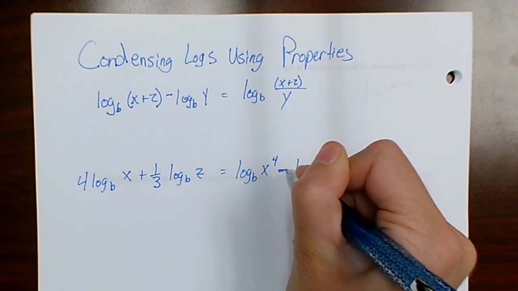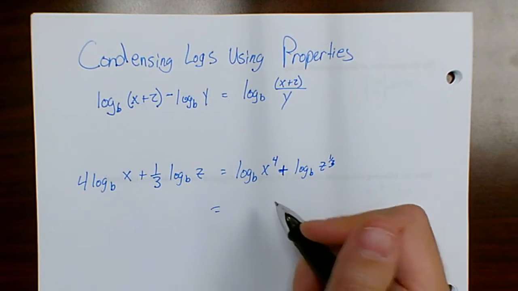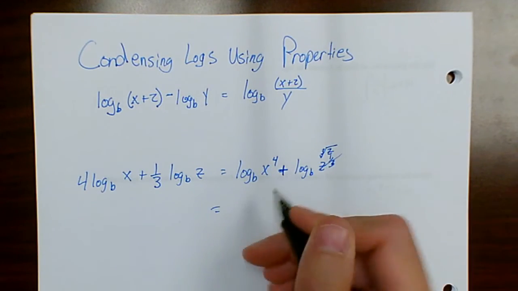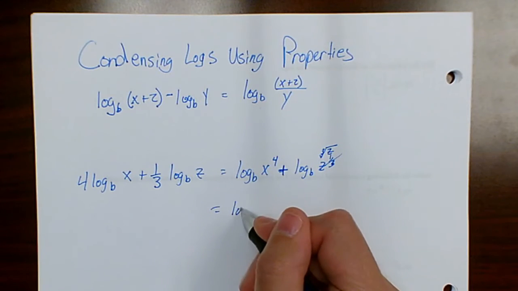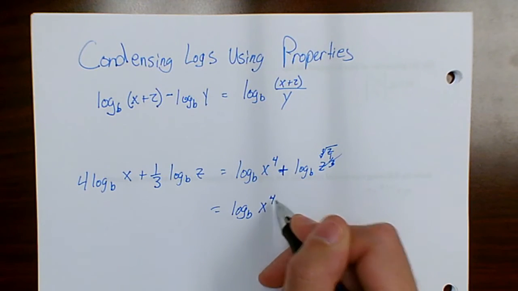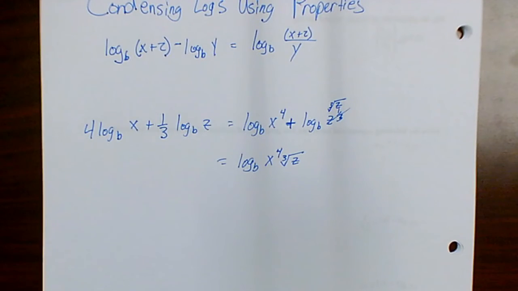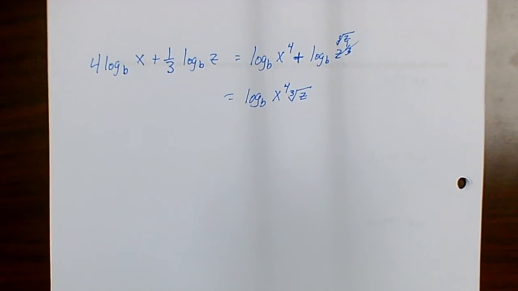Then this can actually be cube root z. Since we are adding, we can turn that into a product. And we're done. Okay. So when we're solving these, sometimes we will have to condense, sometimes we have to expand. It just depends on what we have and what we feel like we need to do.